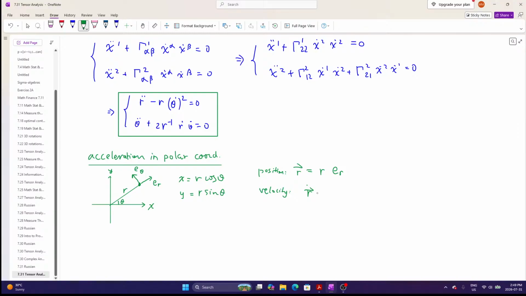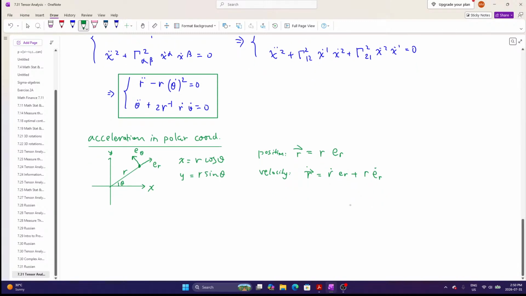So to do differentiation, you have to keep that in mind. Not only r changes, e_r also changes. That's why we need the product rule. You get r dot e_r plus r e_r dot. Okay, this is the velocity. Which brings us to the question: what is e_r dot?